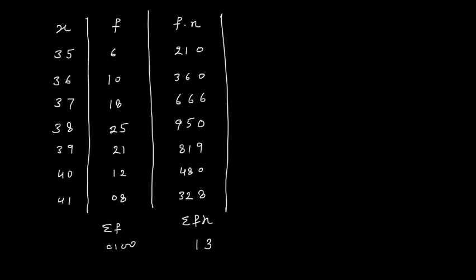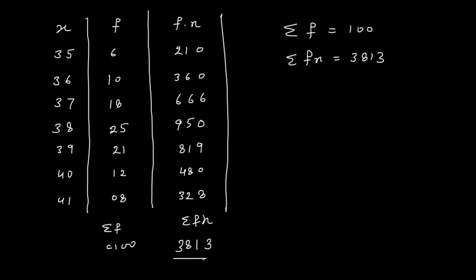So I will write 1 and 3 carry, 3 plus 2, 5, 5 plus 3, 8, 8 plus 6, 14, 14 plus 9, 23, 23 plus 8, 31, 31 plus 4, 35, 35 plus 3, 38. So summation of fx, we got 3813. So here summation of f is 100 and summation of fx is 3813.